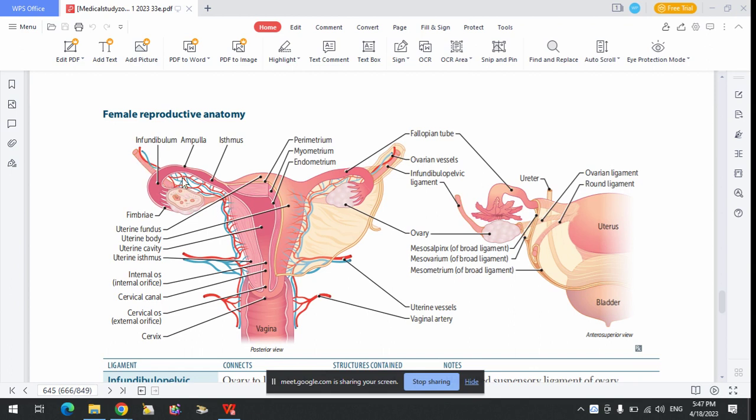Once there's that twisting, remember that the infundibulopelvic ligament contains the ovarian vessels. So it's going to shut off the lymphatic vessels and the veins first, because they have low pressure. The lymphatics drain lymph from the ovary to the venous system, and the venous circulation drains used blood from the ovaries to the heart.